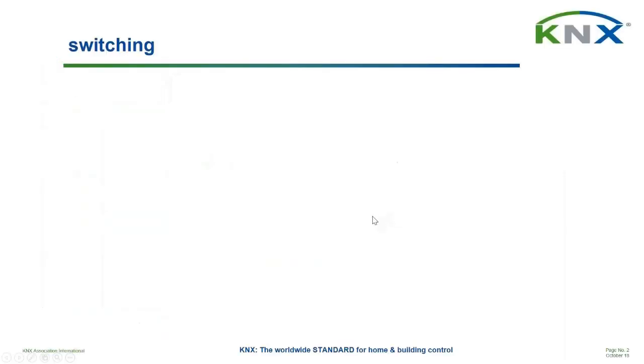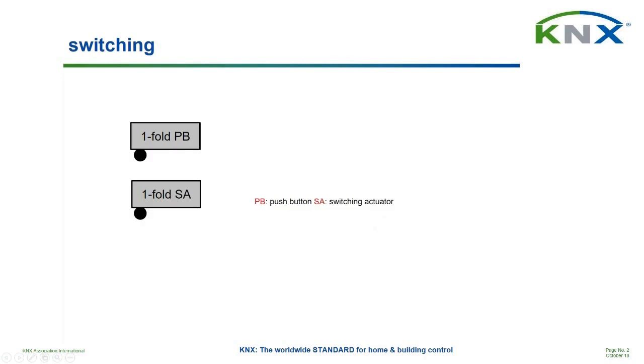So here is the slide about switching. That's the most basic function, and for that I'll need minimal two devices, where each device minimal has one object, this object being a 1-bit object.